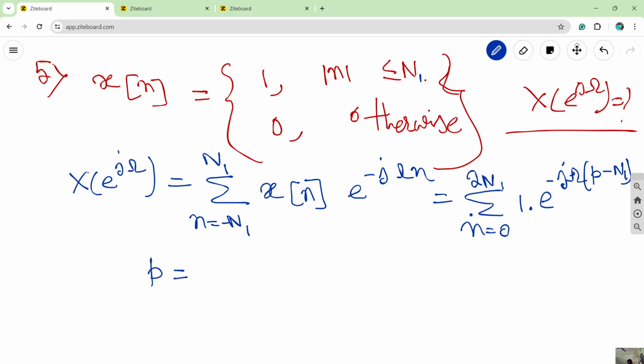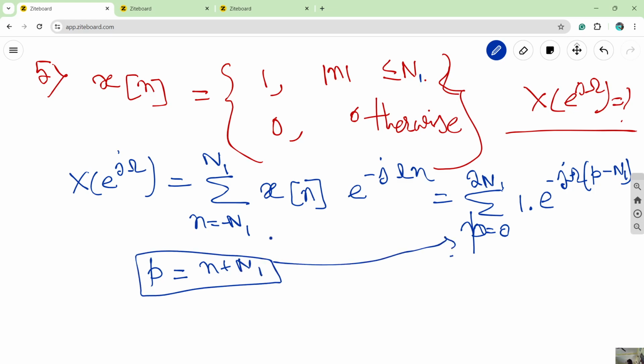We are just changing the variable here, like p is n plus n1, substituting the variable from n to p with this relationship.